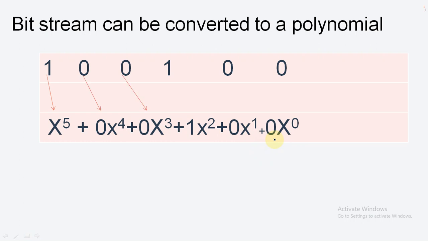So it reduces to x to the power of 5 plus x square. So this is a polynomial with only 2 terms representing 6 bits. Therefore, polynomial division and the implementation of cyclic redundancy code in the form of polynomial division comes very handy.